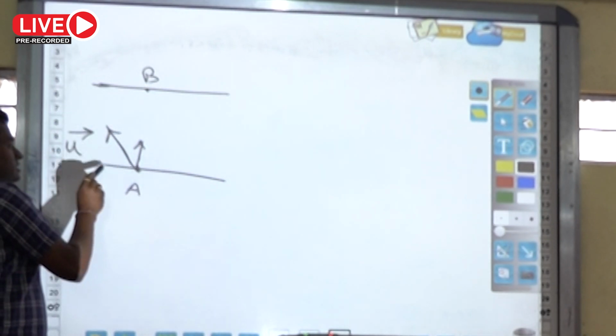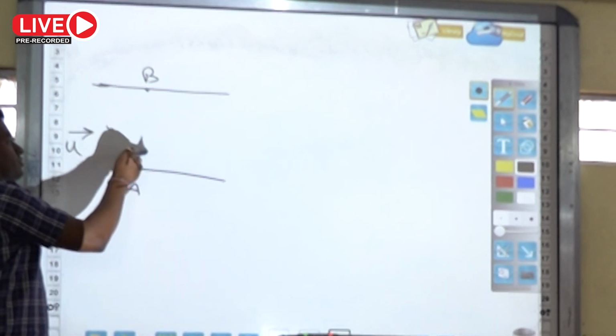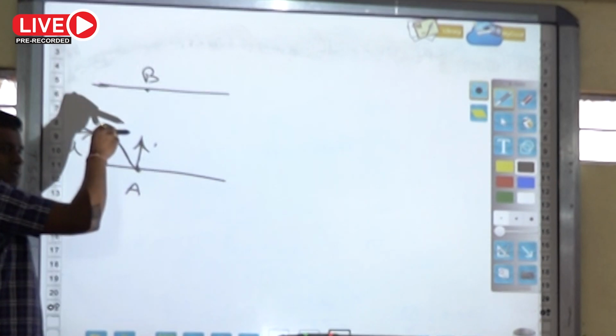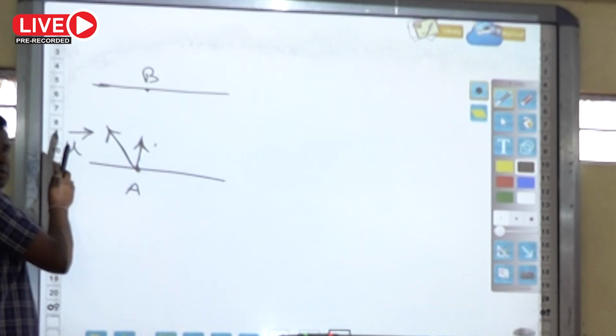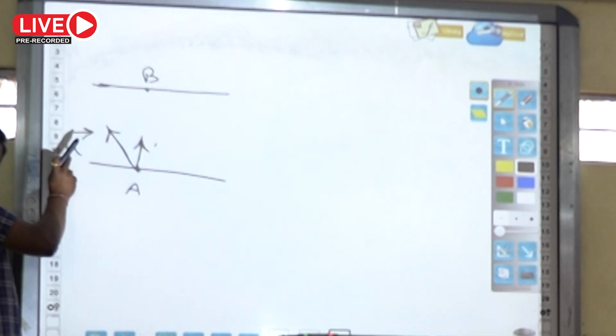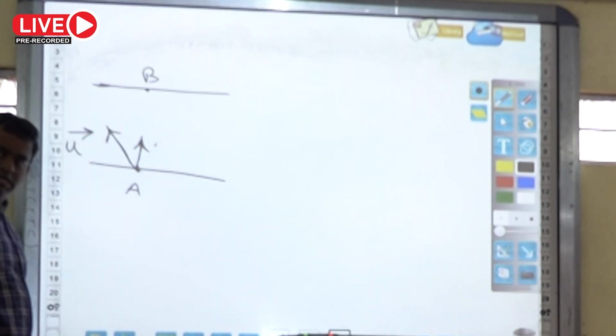That means the aeroplane initially has to start in this way, such that one component of its velocity will help it to cross, and another component will balance this u so that it is not drifted.